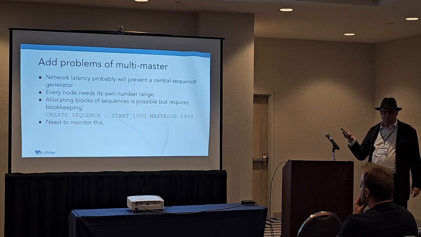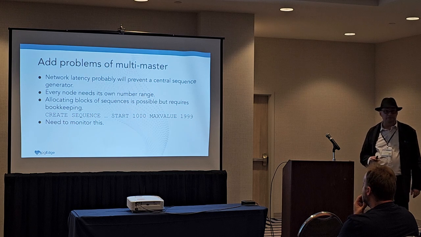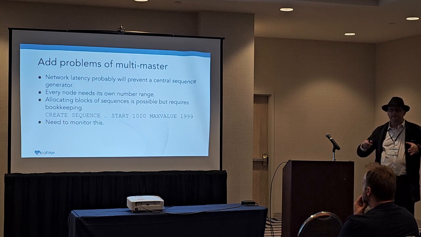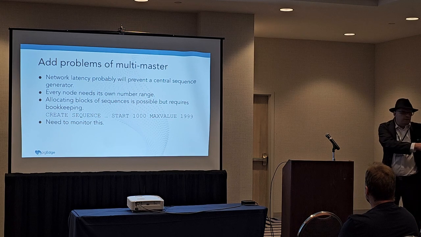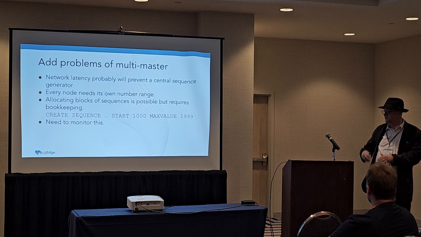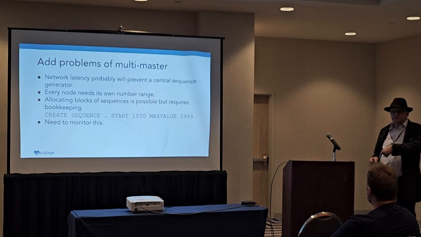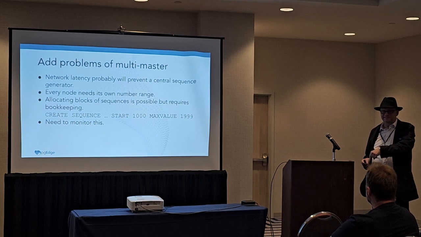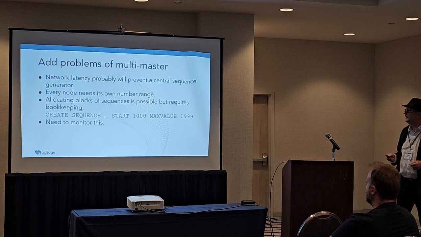These block allocations are horrible to maintain, because when your block runs out or is close to running out, you need to reallocate another block, and you need to keep something to eventually figure out, where did this sequence come from? This ID, where was it allocated? So I don't like it.